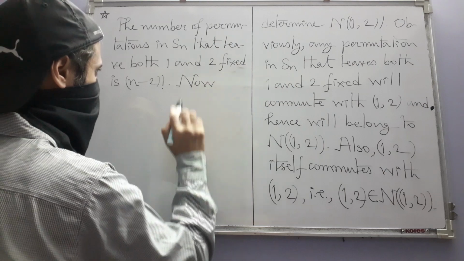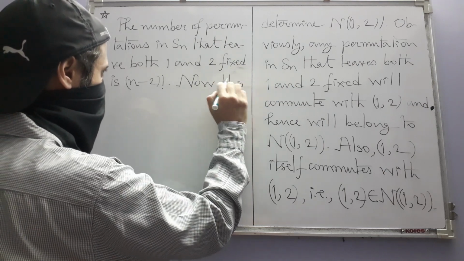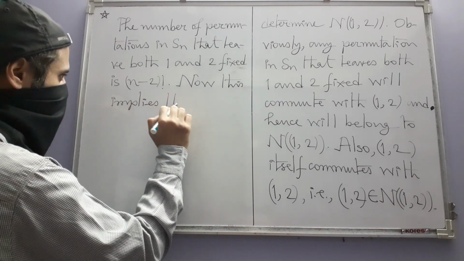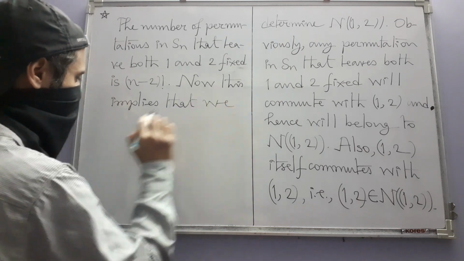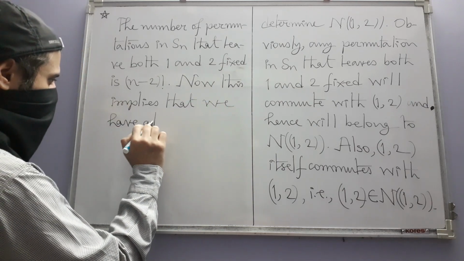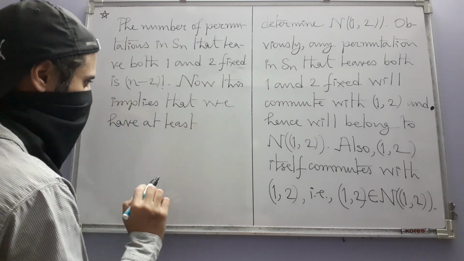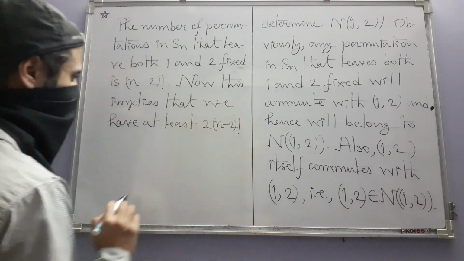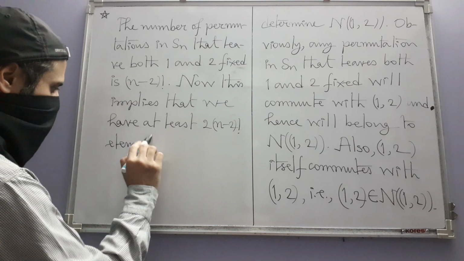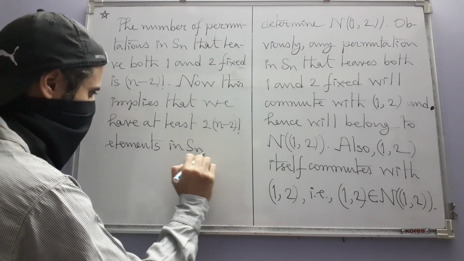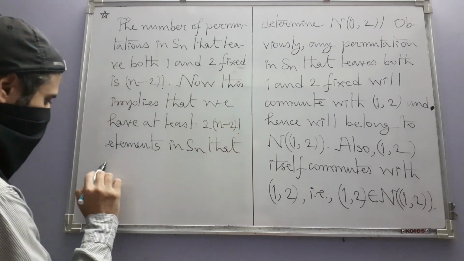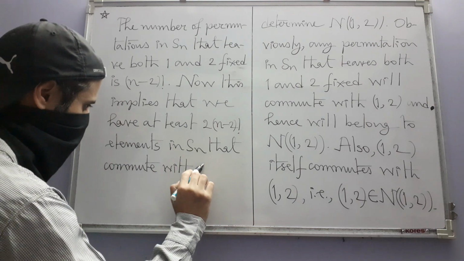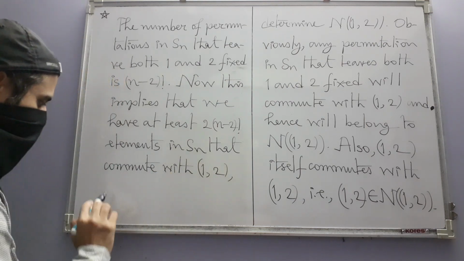Now, this implies that we have at least 2 times (n minus 2) factorial elements or permutations in Sn that commute with 1, 2.